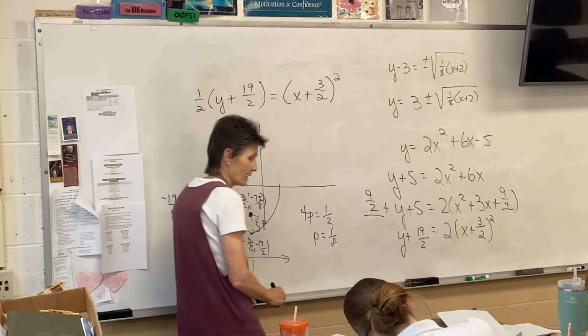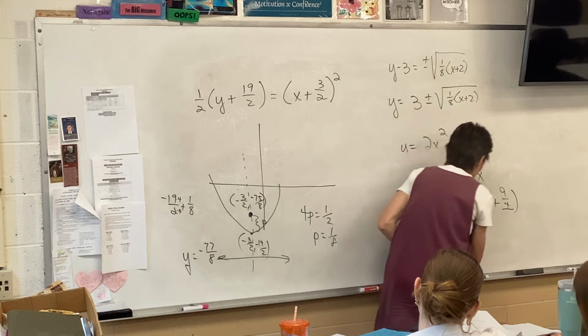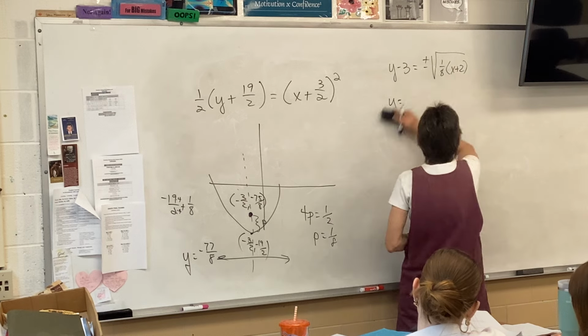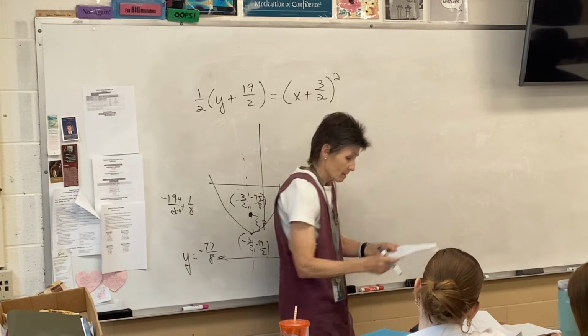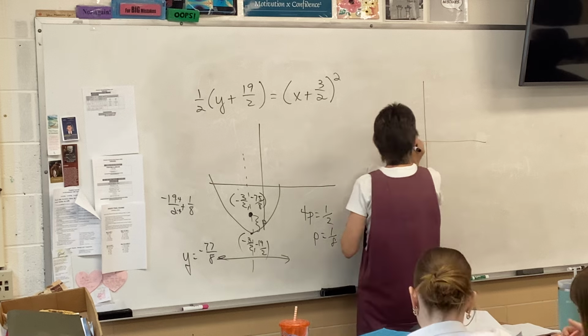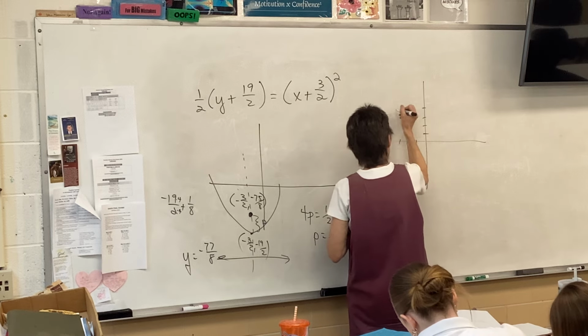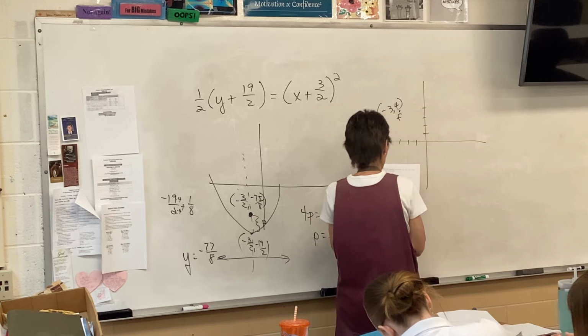All right, one more, and then I've got some extra practice for you to do. One more. We're going to look at writing our own equation. So we have a focus at -3, 4. That's our focus now, not your vertex, that's your focus.